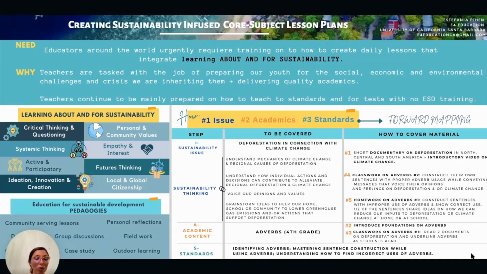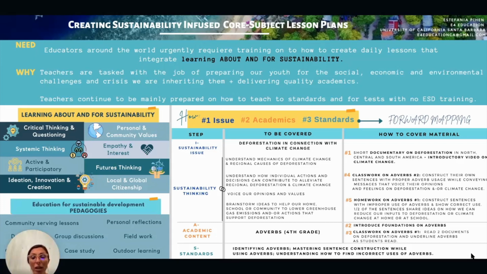So that was her first activity where she really connected deforestation with adverbs. Very simple, but at the same time very effective, so she could connect those two things. She didn't want that connection to happen too many lessons after the students have watched the video and the documentary, because she wanted that information to be fresh in their heads.